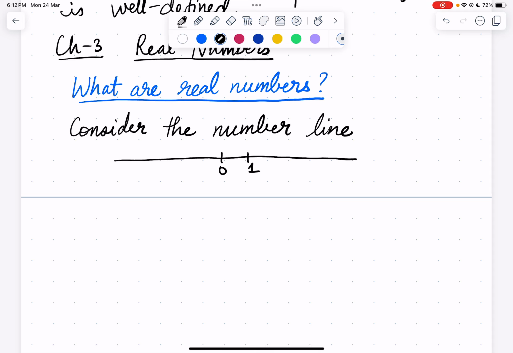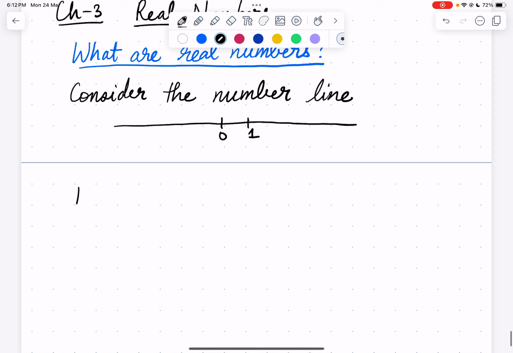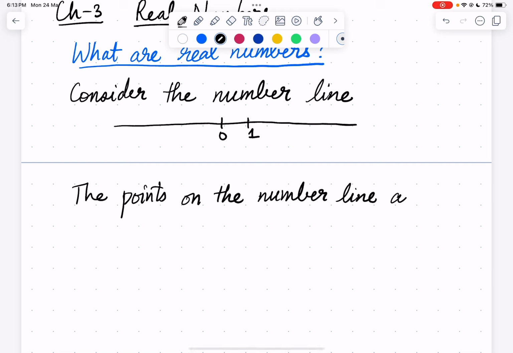Consider the number line. The points on the number line are called real numbers. So, real numbers are just points on the number line.